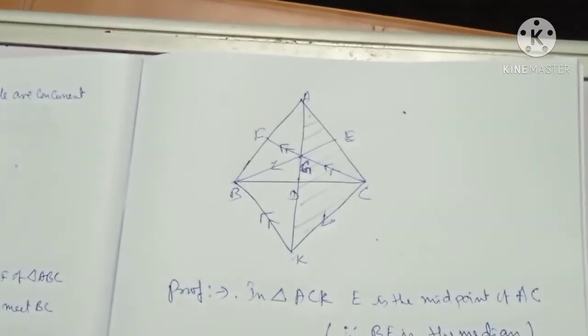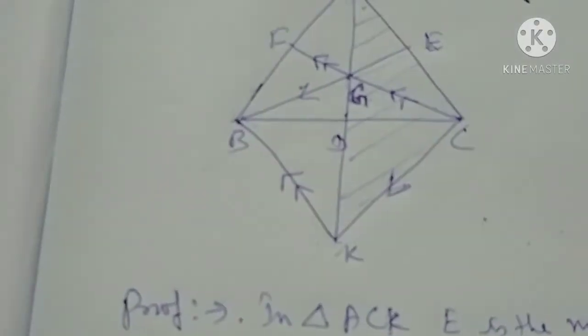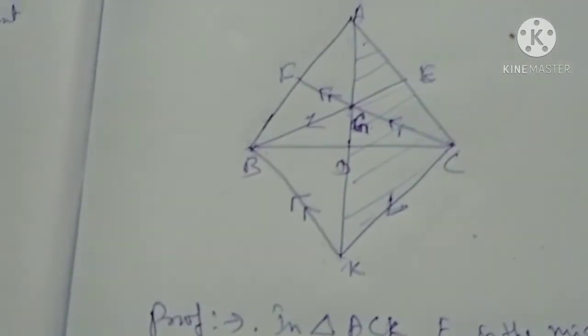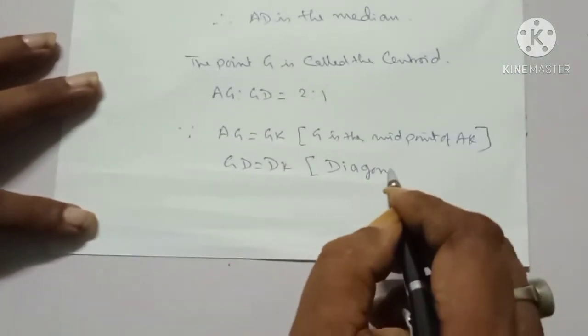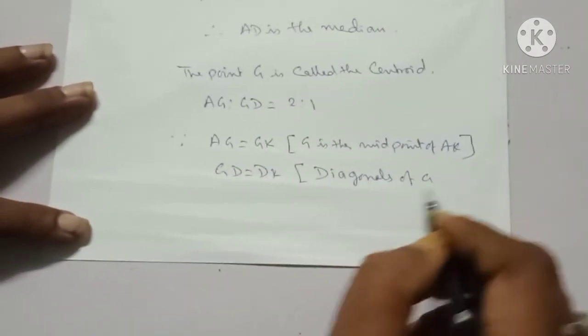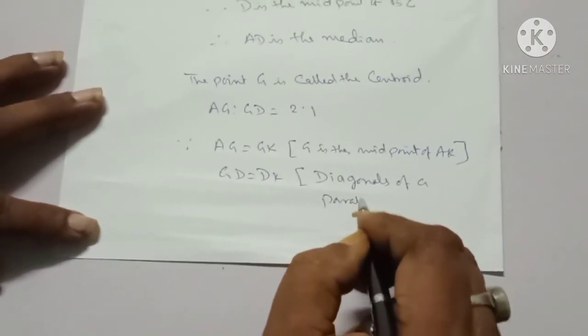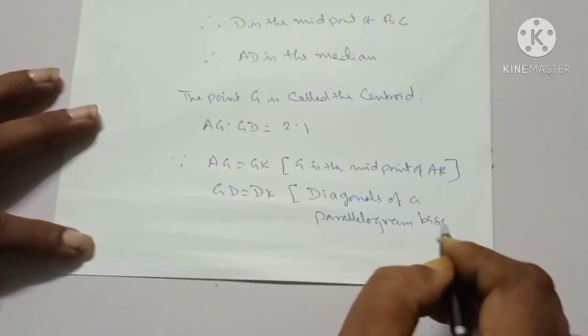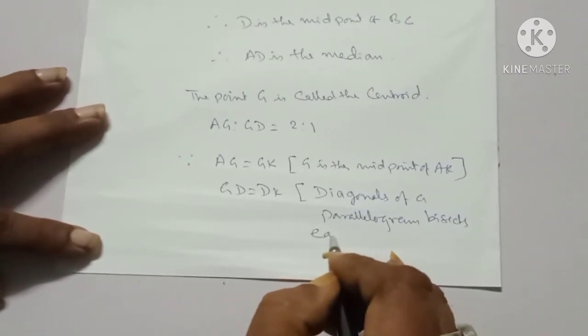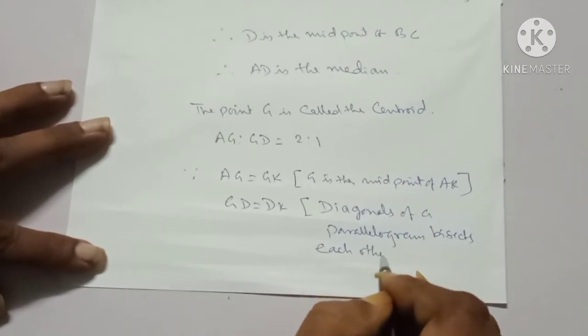Why? Diagonals of a parallelogram bisect each other.